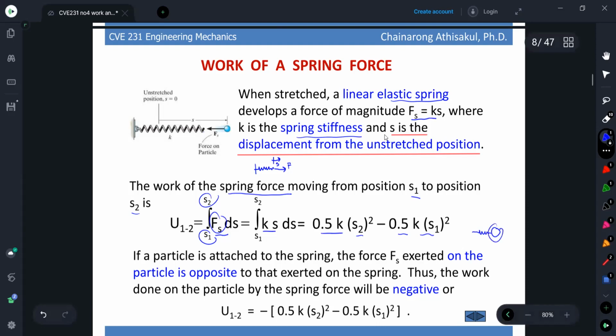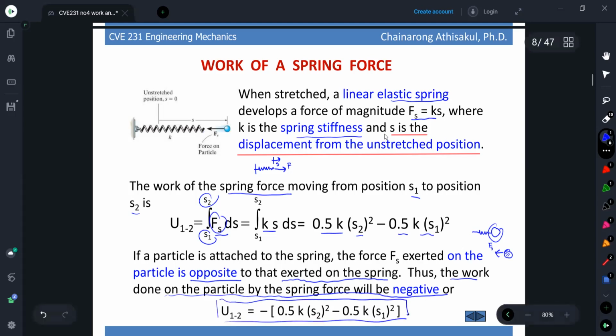For the particle attached to the spring, the force Fs exerted on the particle is opposite to that exerted on the spring. So the work done on the particle by the spring force is the negative of the above value.